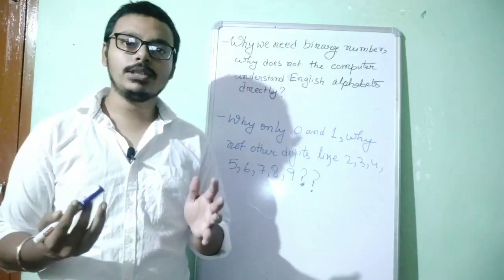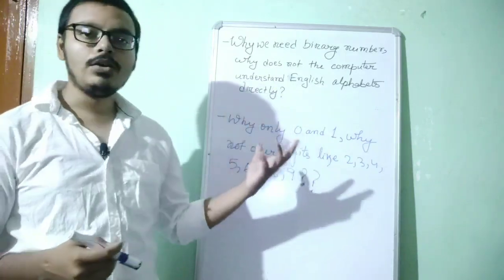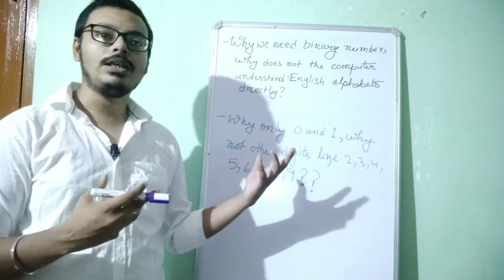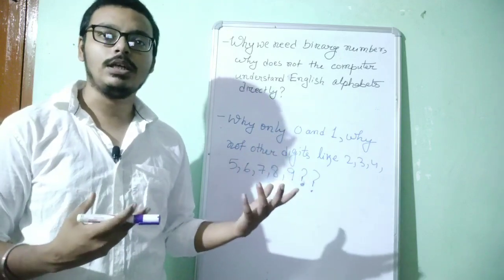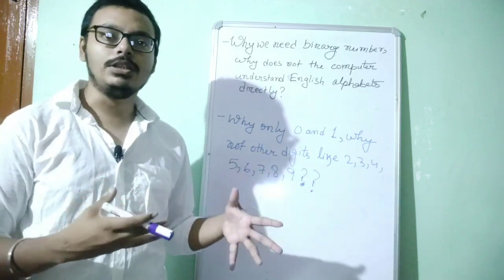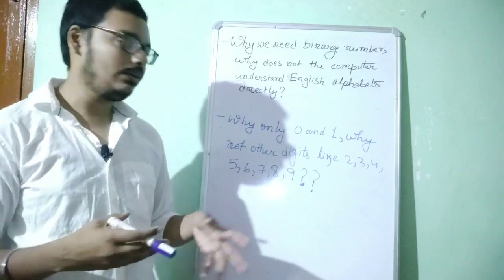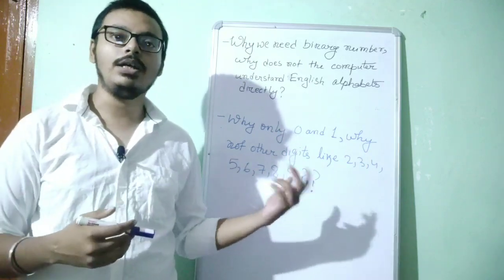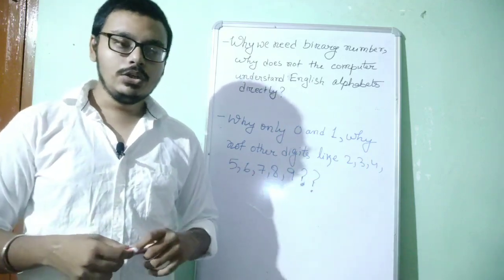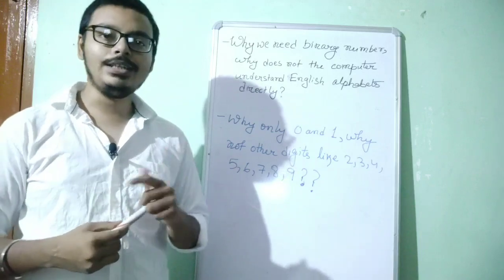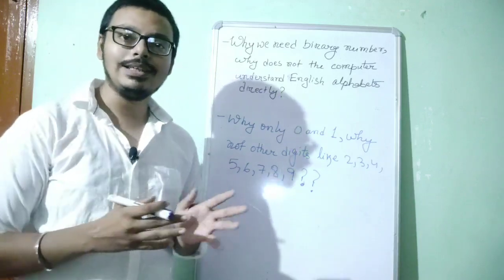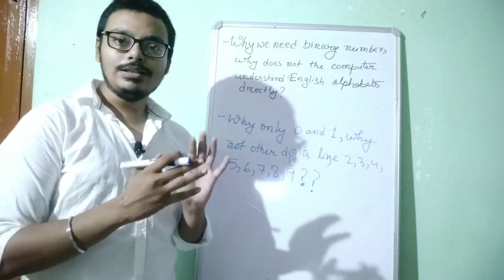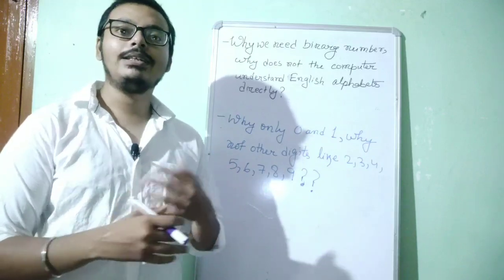So these questions must come to your mind: why only binary numbers, why doesn't the computer directly understand the English language or a different language, and why only 0 and 1, why not other digits, right?